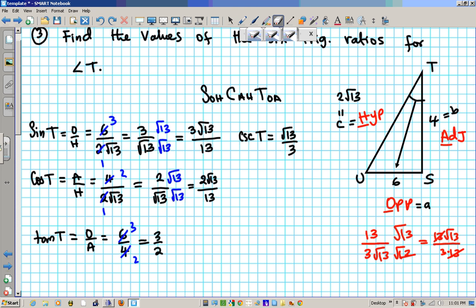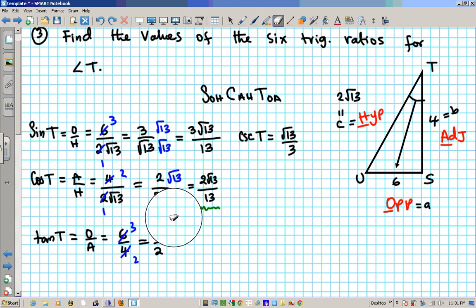Okay? So let's take a look at the cosine. Which is smarter? Should I just use this one, or should I reciprocate this? If I reciprocate this, the square root goes on the bottom, that's too much work. But if I reciprocate this, the square root goes to the top, and that's no work. Okay?